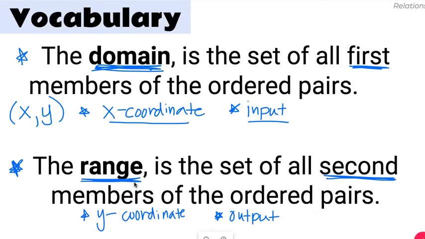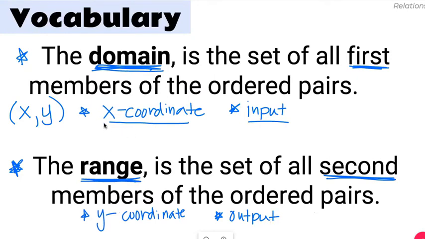Since domain came before range, I knew domain was the X because X comes before Y. Same thing with input and output. I comes before O, so the input is the X value, the output is the Y value.